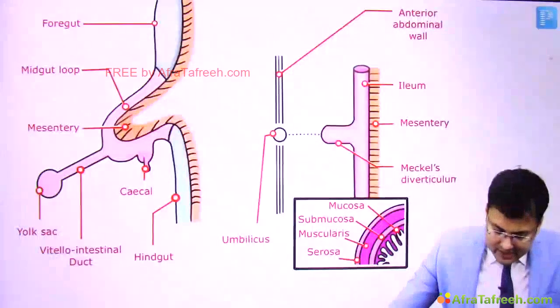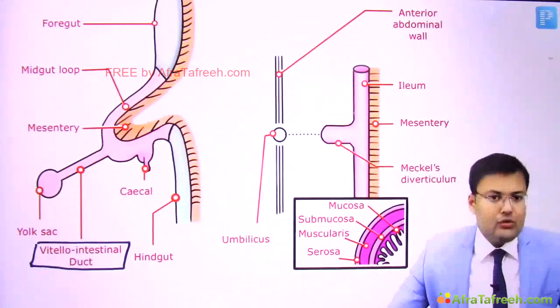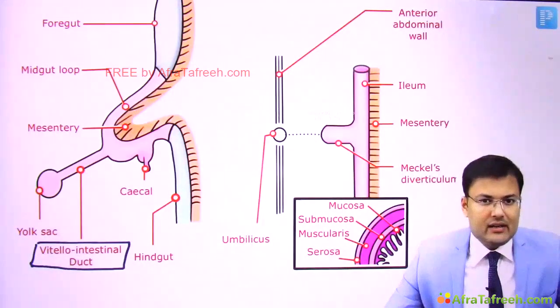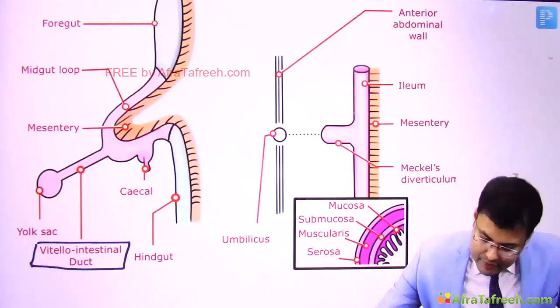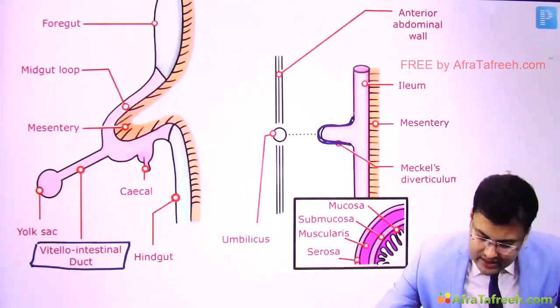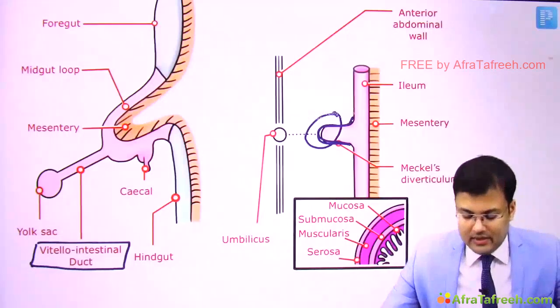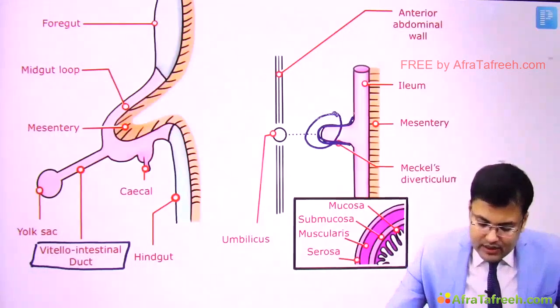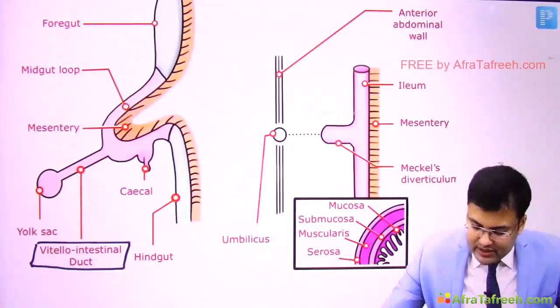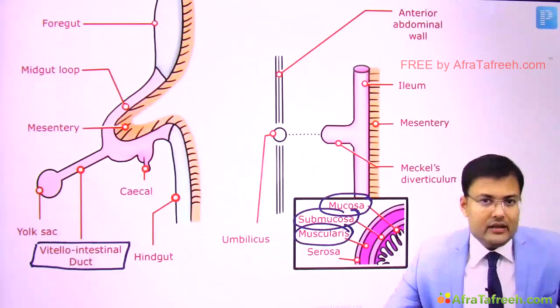In this diagram you can see that this is the omphalomesenteric duct, also known as vitellointestinal duct. Whenever there is abnormal persistence of this duct, this is known as Meckel's diverticulum. And if you see the layers in the Meckel's diverticulum, here you can see there is mucosa, submucosa, and muscularis also. So since all the three layers are there, it's a type of true diverticulum.